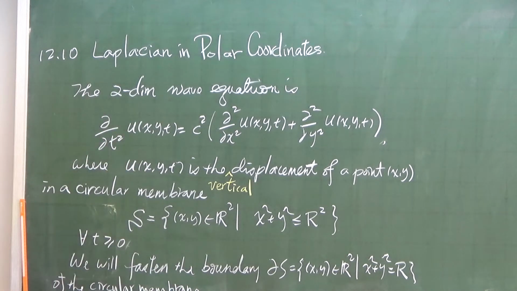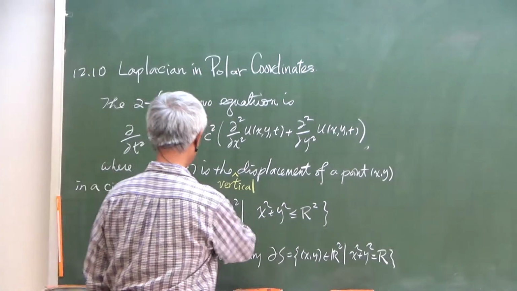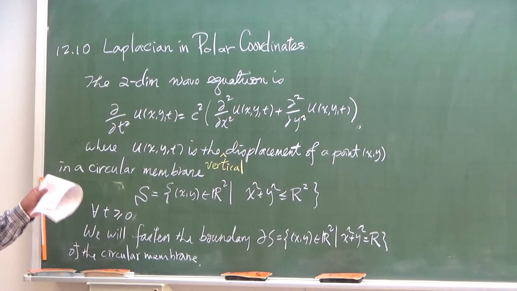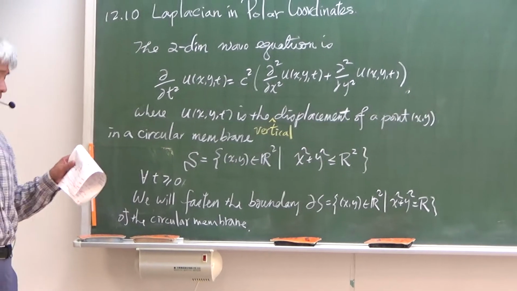That means we will set the boundary condition to be 0 around the boundary of the circular membrane. So the boundary is in a particular shape right now.